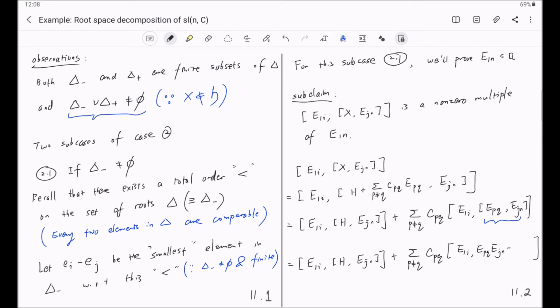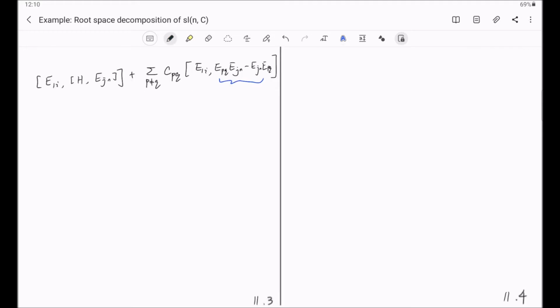This is equal to E_PQ times E_jn minus E_jn times E_PQ. And we are going to separate those two parts. We will end up getting 3 parts.